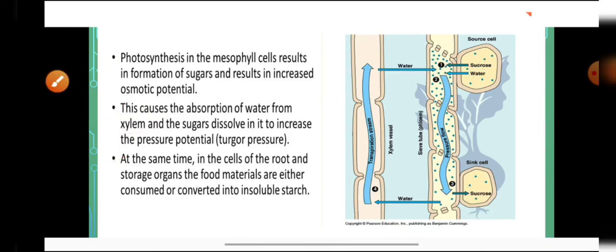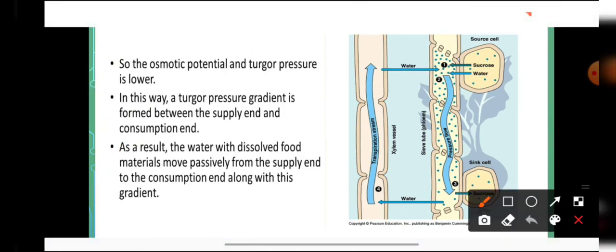So what is happening there? There is a decrease in osmotic concentration, and the turgor pressure will be low at the sink area. So in this way, a turgor pressure gradient is formed between the supply end and the consumption end, and as a result of this, water with the dissolved food materials will move passively.